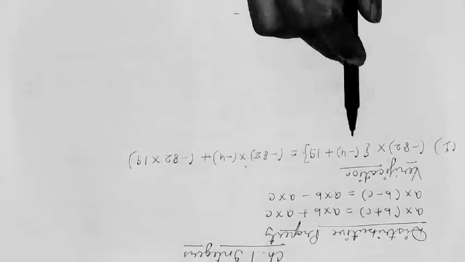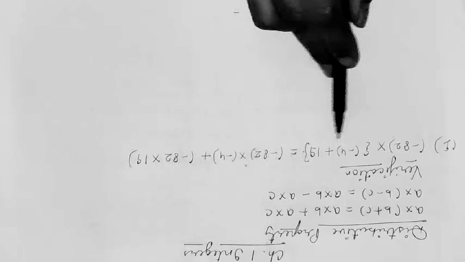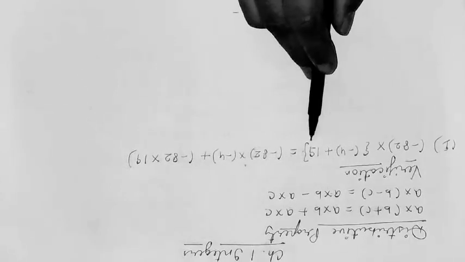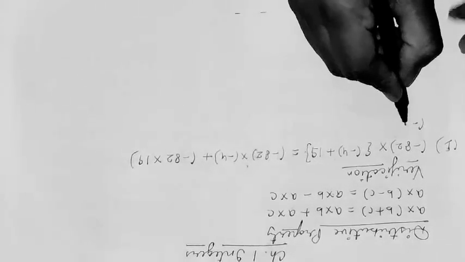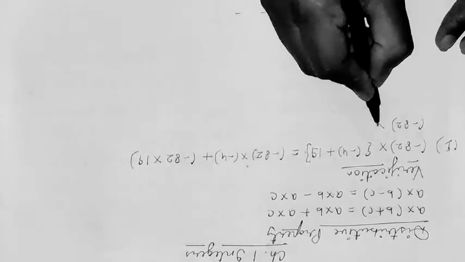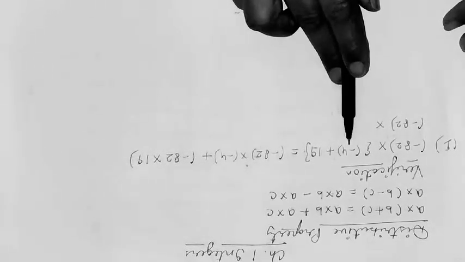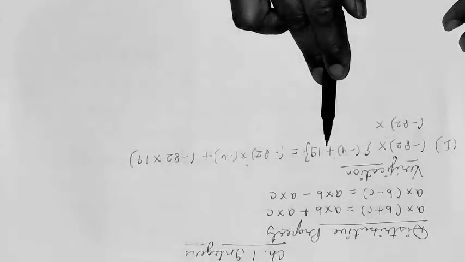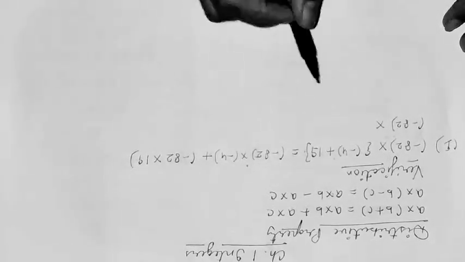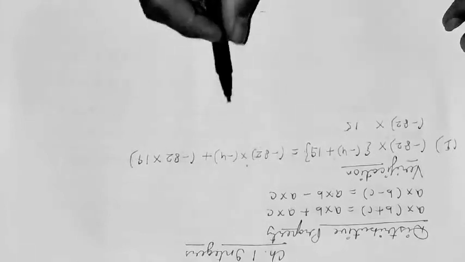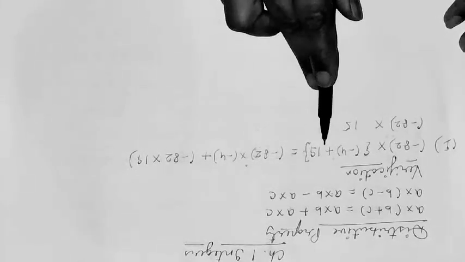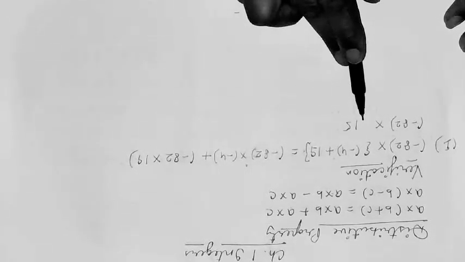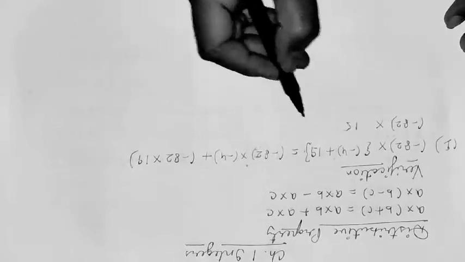So left hand side, because we are having a bracket, we are solving the bracket first. Minus 82 will be written as it is. One number is negative, other is positive, so we will subtract. 19 minus 4, result is 15. Greater number is 19 with a positive sign, so we will have a positive sign here, which I am not putting.